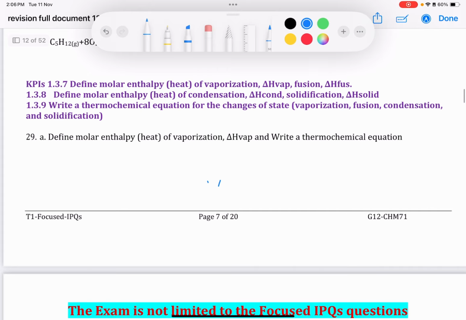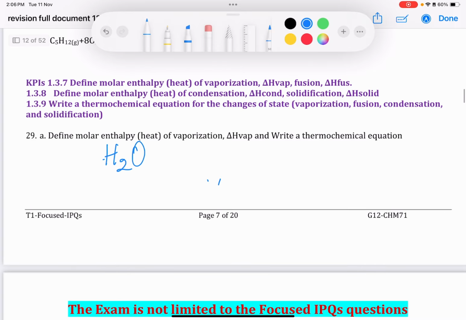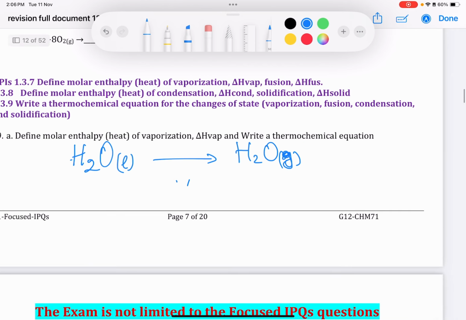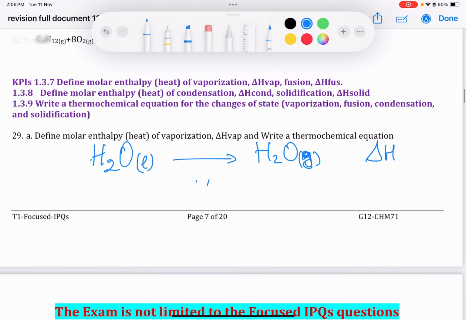So I'm gonna write the equation. Just take any example. H2O liquid going into H2O gas. H2O liquid to H2O gas, and you write next to it delta H is a positive value.